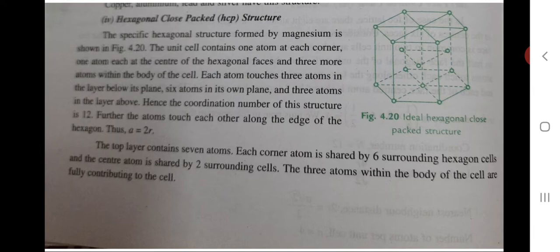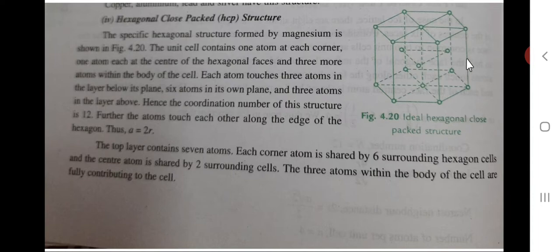Each atom touches three atoms in the layer below its plane, six atoms in its own plane, and three atoms in the layer above. Hence, the coordination number of this structure is 12. Further, the atoms touch each other along the edges of the hexagon. Thus, a is equal to 2R.